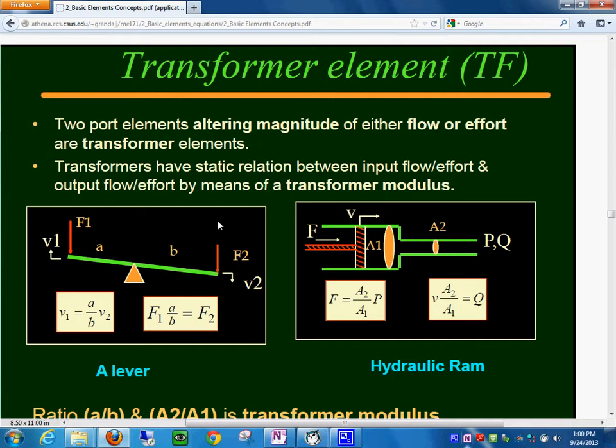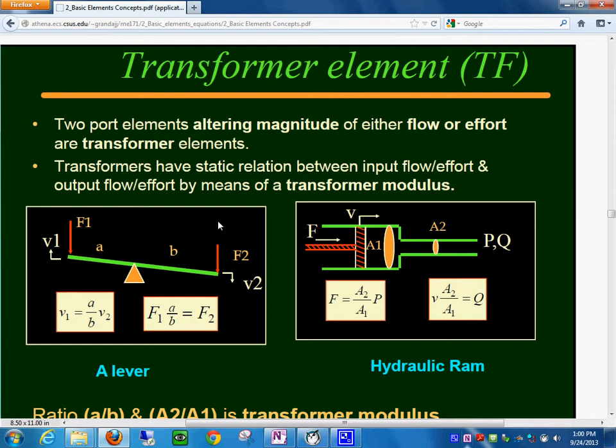So in the case of a set of gears, you have the transformation of one velocity into another through the gear ratio. In the case of this lever, for example, you have the lever ratio, and that is the relationship between the velocities or the relationship between the forces. Gears are good, levers are good examples.